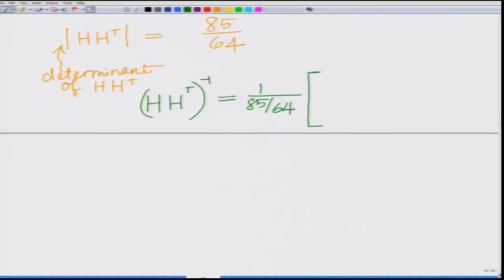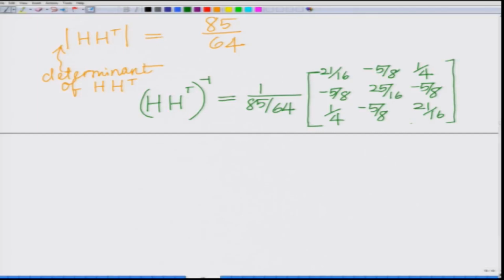Remember, we computed this also, that is 21 divided by 16, minus 5 by 8, 1 over 4; minus 5 over 8, 25 over 16, minus 5 over 8; 1 over 4, minus 5 over 8, and 21 by 16. Remember, this is your matrix of cofactors.